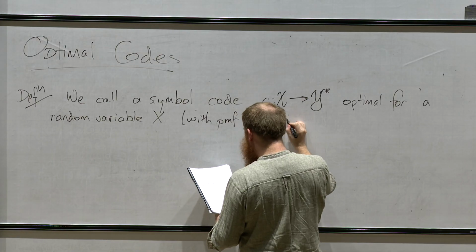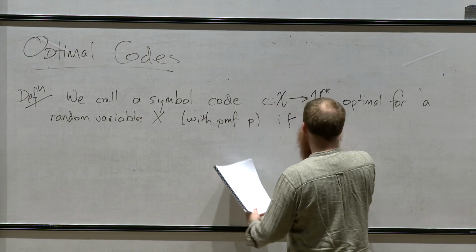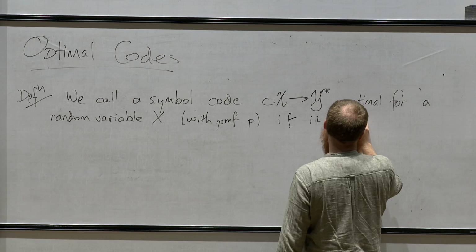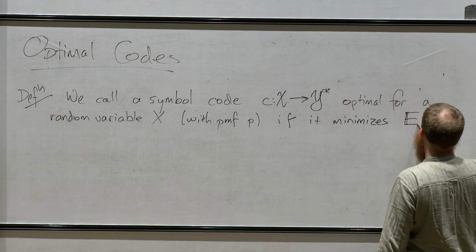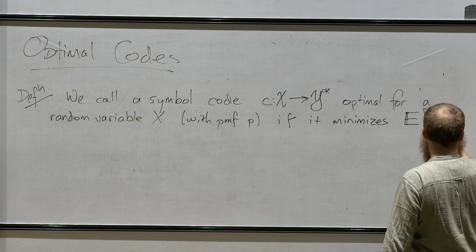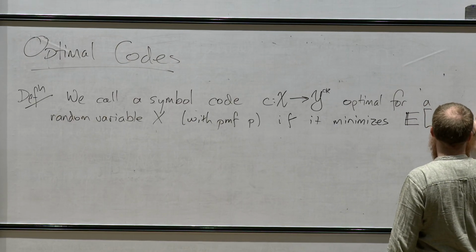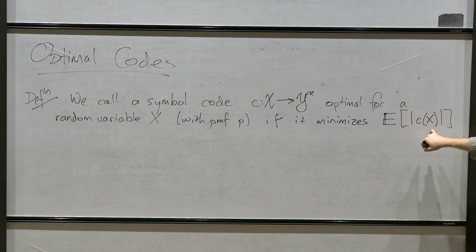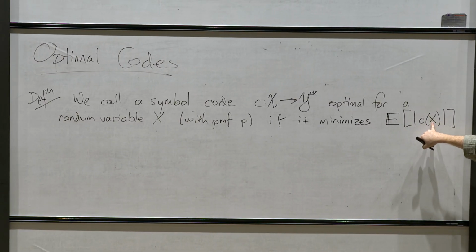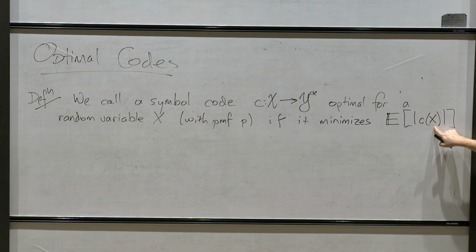If it minimizes the expected length of the code word associated with X. So what am I saying? I take the random input, I evaluate the code word on it, I calculate the length of that code word, and that's a random variable because the input was random.